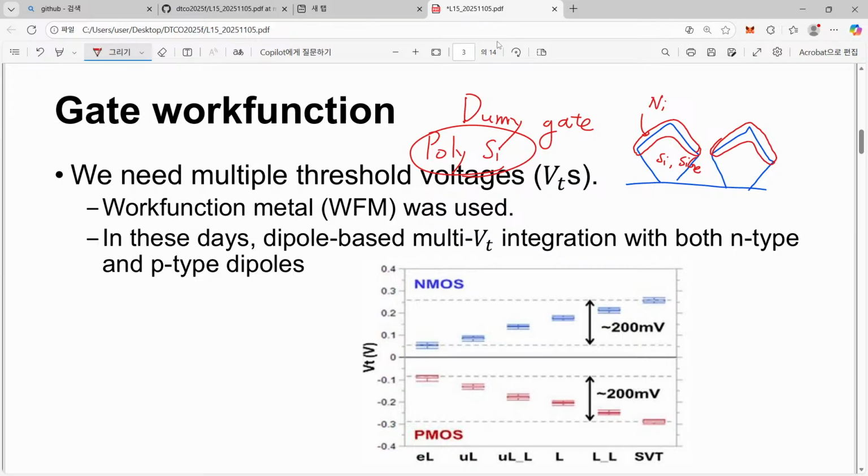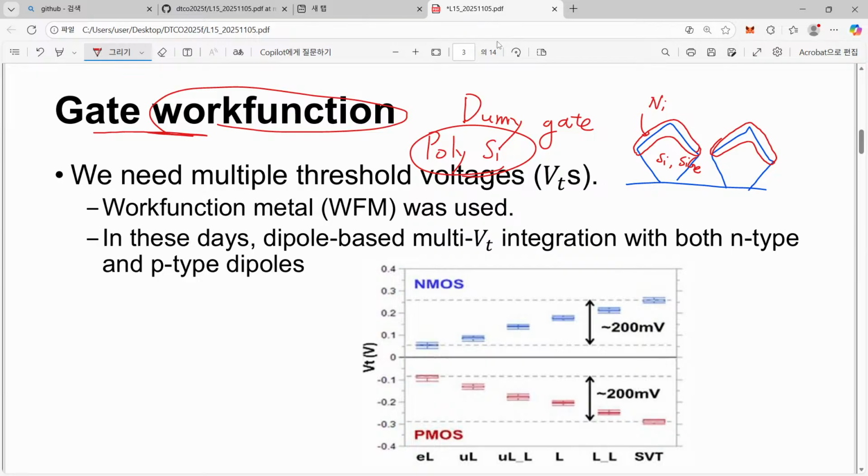So we will talk about how we can do this job. But the important point is control of work function. This is quite important, and actually I heard that there is a rumor about this work function material even inside a certain semiconductor manufacturing company.